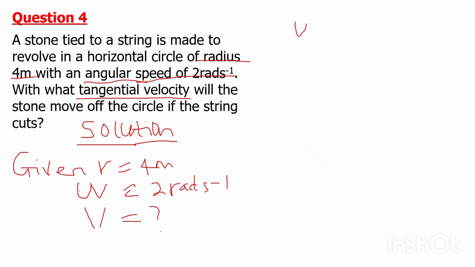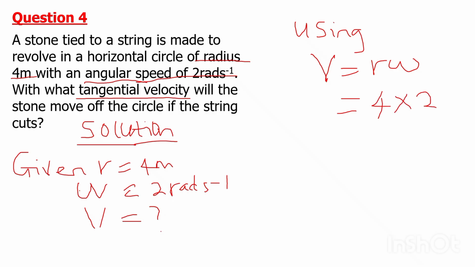So using the formula, V is equal to R omega. R is 4, omega is 2. So that the final answer will be 8. Then you put the unit, meters per second.